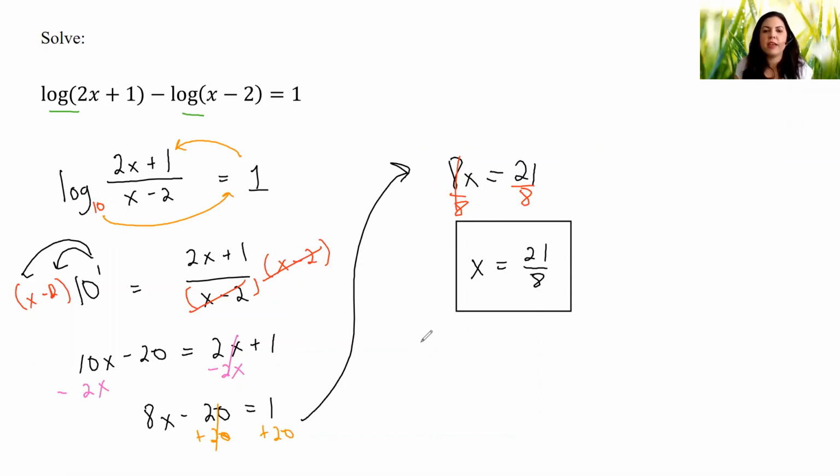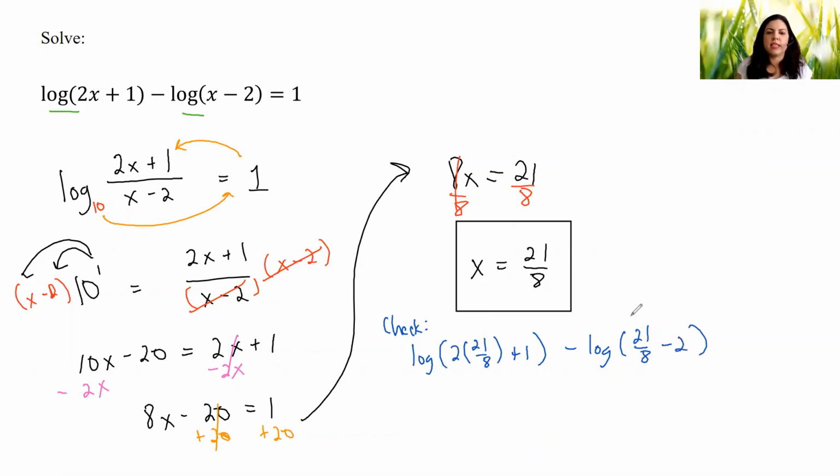So if I'm going to plug in 21 over 8, this is my check. If I do log of 2 times 21 over 8 plus 1 minus log of 21 over 8 minus 2, let's see, in this parentheses, I get 21 over 4 plus 1. 21 over 4 is what that first expression simplifies to.